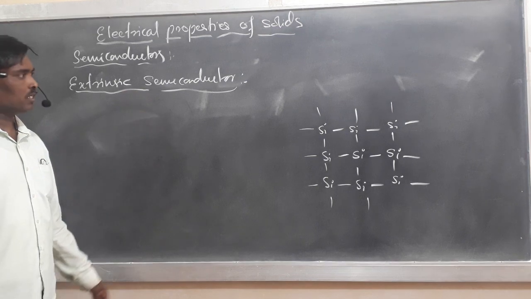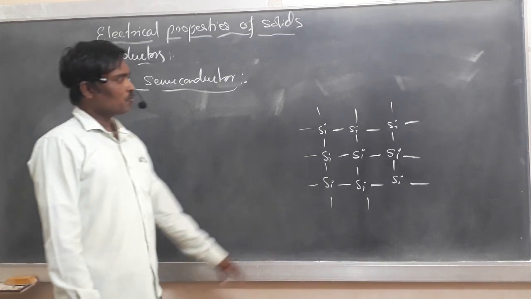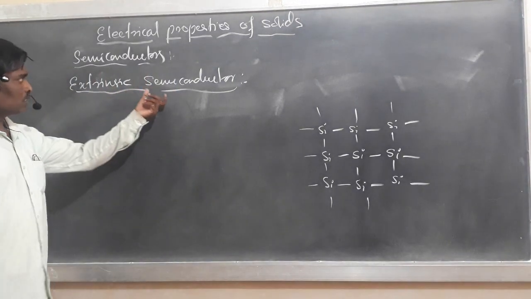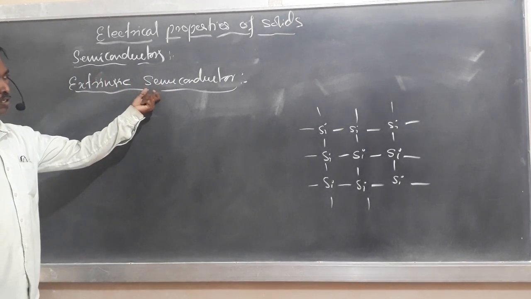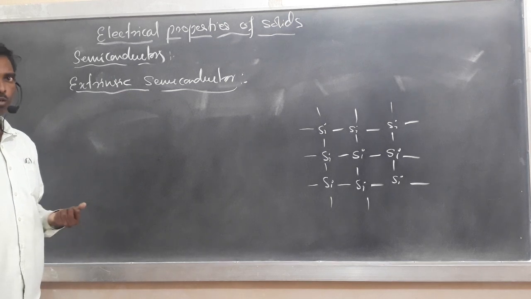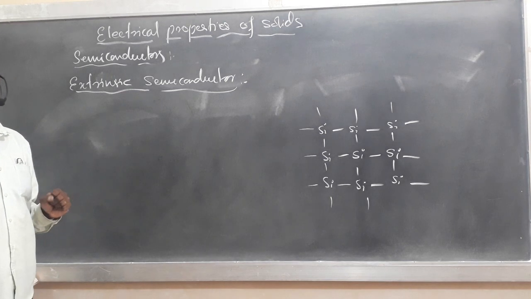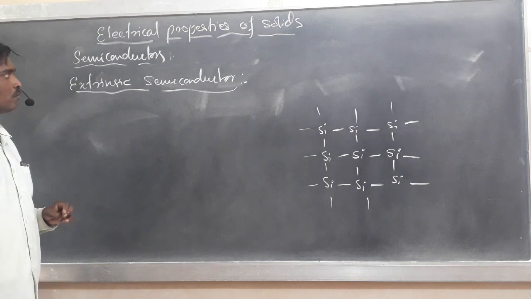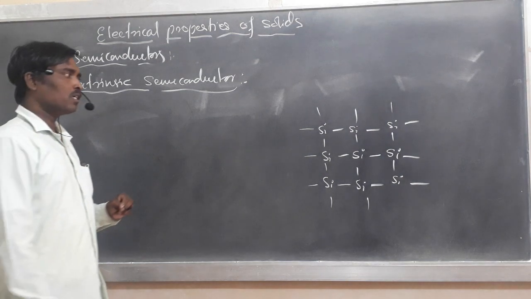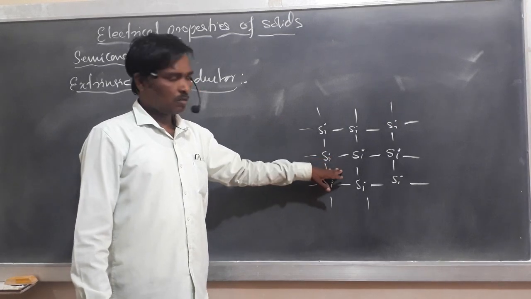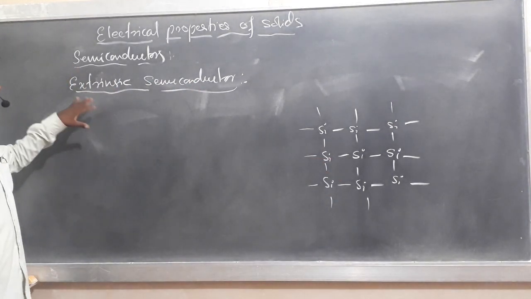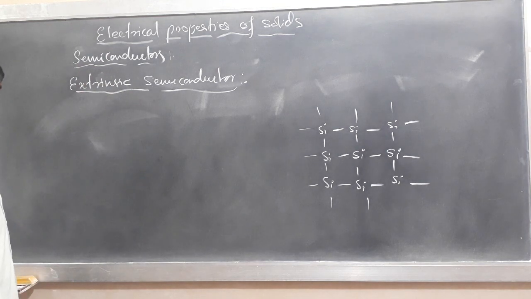By adding impurities, the conductivity of these semiconductors increases. So if silicon or germanium is doped with some impurities, the conductivity of that silicon increases. That type of semiconductor we call extrinsic semiconductors.